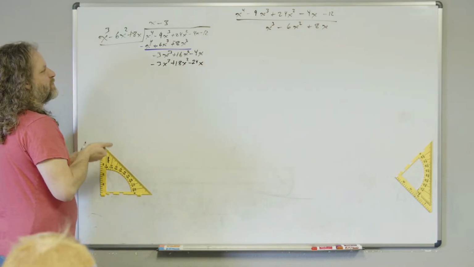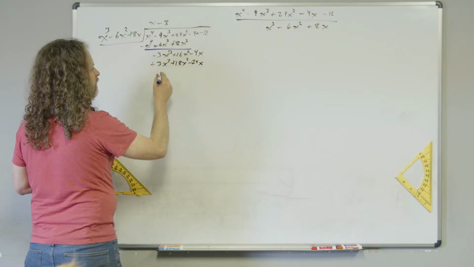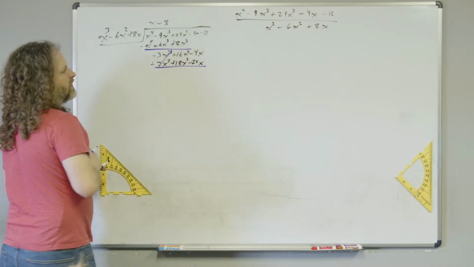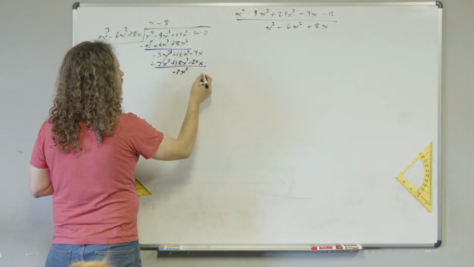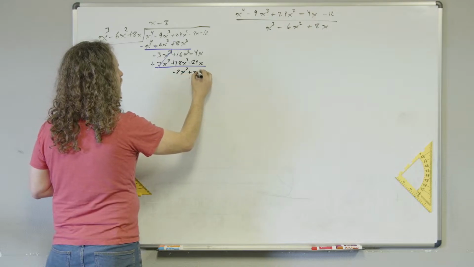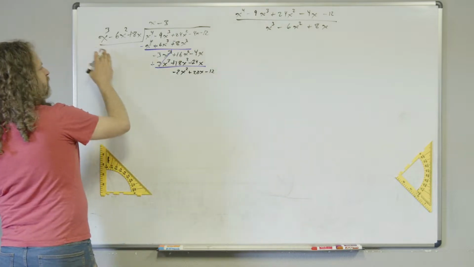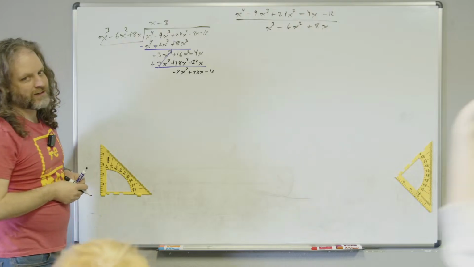And then we subtract. Plus, minus, plus. This cancels. Yay, we did something right. Negative 2x squared. Yes, it is plus 20x. Bring down the minus 12. Does x cubed go into that? No, it does not. So we are done with that phase of the plan.